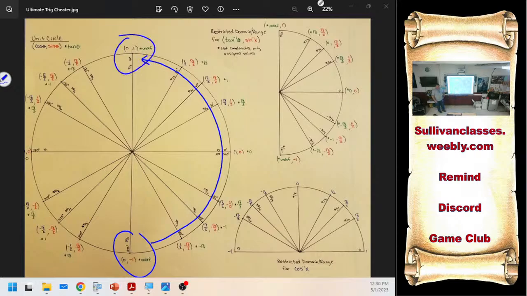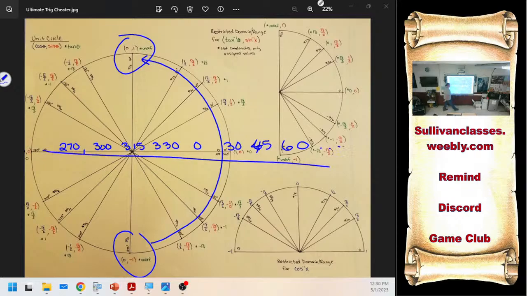Problem is, if I try to do that on a number line, it looks dumb. What if I said 270 and then 300 and then 315, 330, 0, 30, 45, 60, and that was my number line? Doesn't make too much sense to have big numbers, 0, small numbers on a number line.